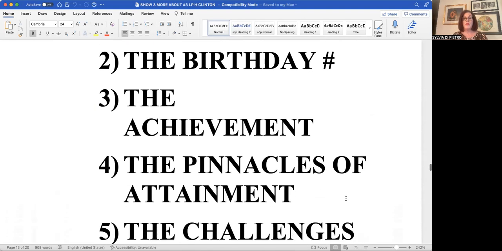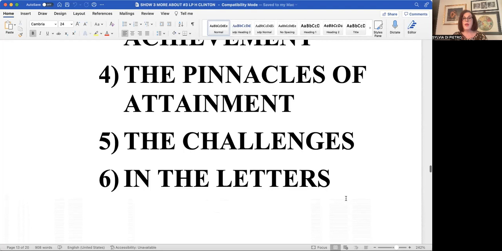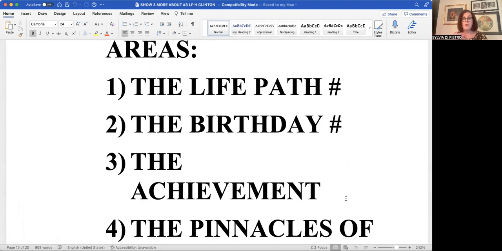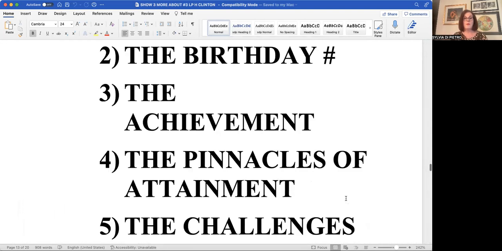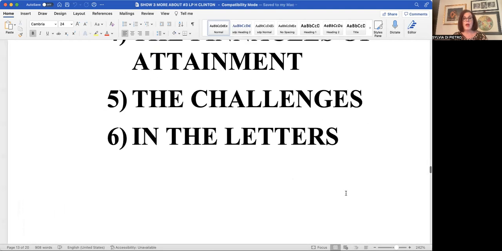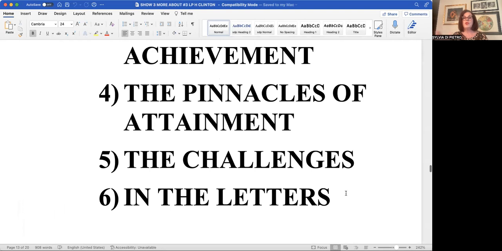As I mentioned, the life path number, we're going to see how we compute it. You'll also find the 3 in your birthday. I mentioned the achievement number of your month and day of birth, using mine, 12 plus 28 being a 40. 4 plus 0 is 4. It's the foundation number. Pinnacles of attainment, we're going to go through in a later chapter, and all forms of challenges.